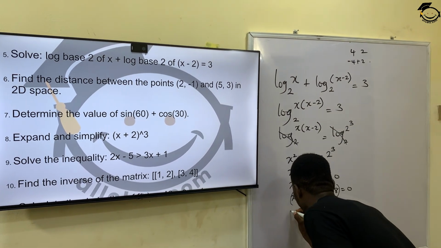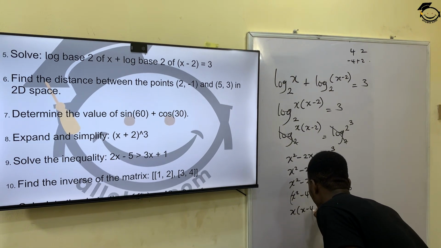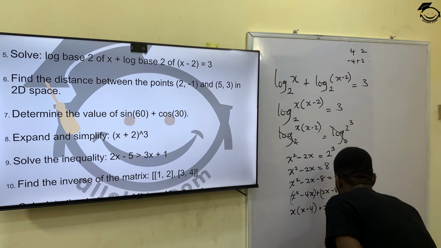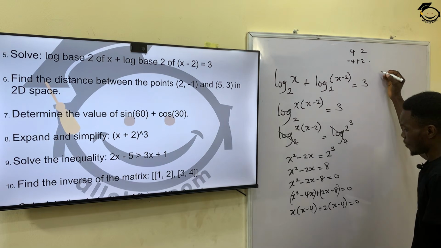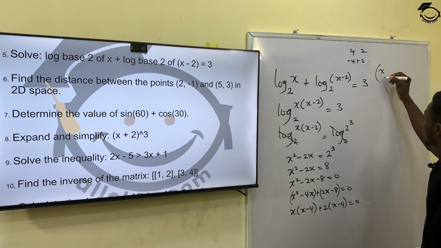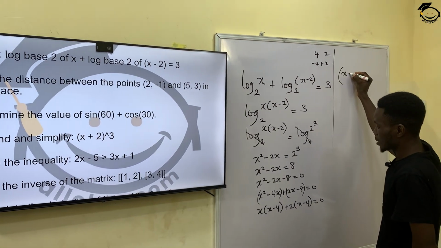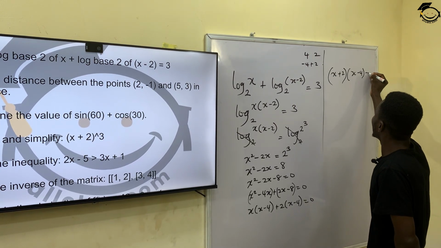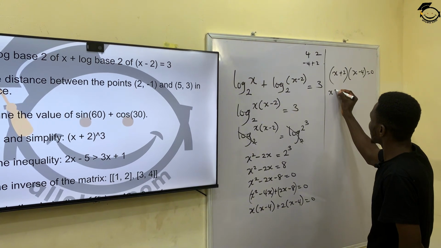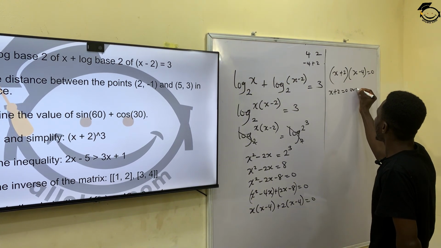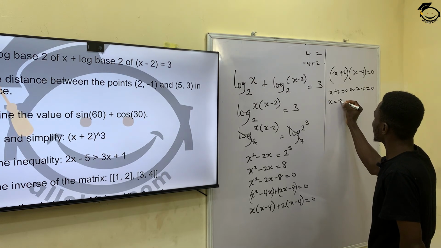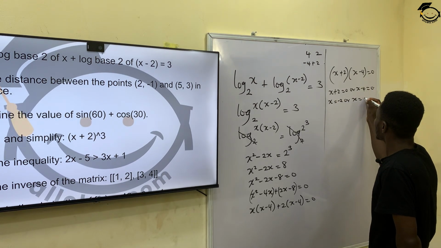This means that I have x(x minus 4) plus 2(x minus 4) is equal to 0. This means that I have (x plus 2)(x minus 4) is equal to 0. So this means x plus 2 equals 0, or x minus 4 is equal to 0. This means that x is equal to minus 2, or x is equal to 4.